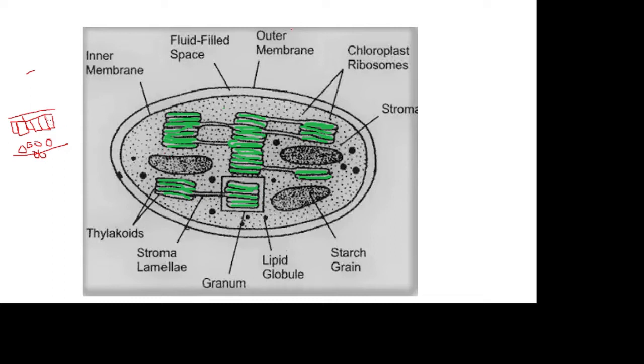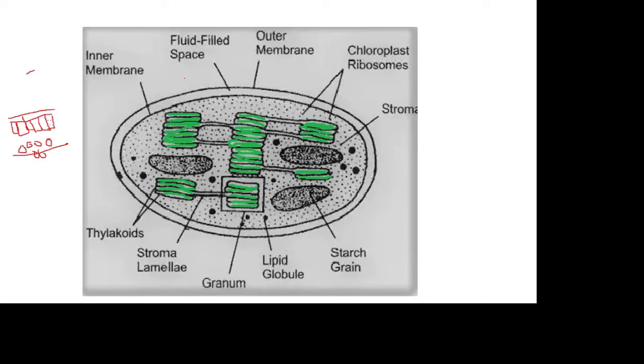So what is now a chloroplast? A chloroplast is a special cellular organelle similar to the mitochondria, and they have their individual identity in the cell because they have their own ribosomes and they are involved in most of the important activities required for a plant cell.